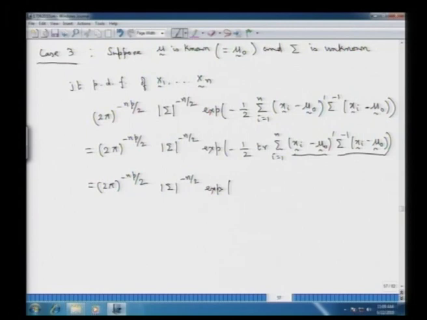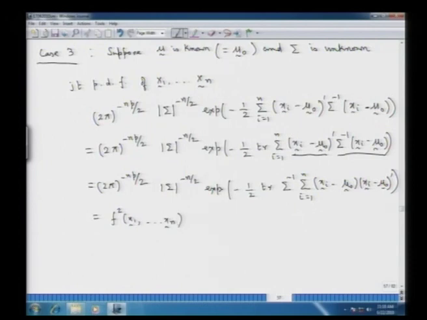Thus this will reduce to half trace of sigma inverse times summation i equal to 1 to n (xi minus mu naught)(xi minus mu naught) transpose. So, we have taken this trace sigma inverse outside. This once again we will write as a function, say f2 of x1, x2, xn.